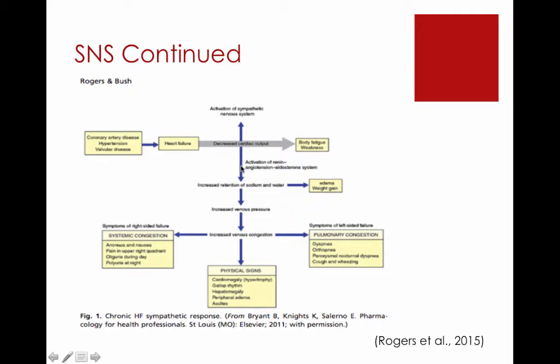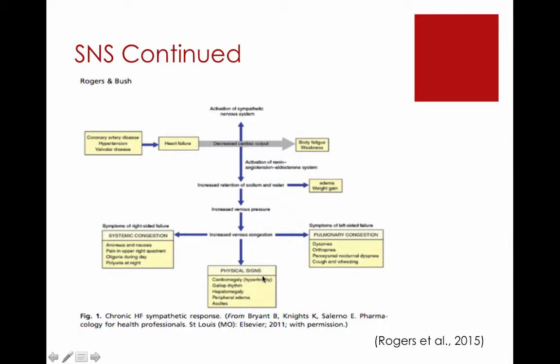The RAAS system is activated, therefore the sodium holds on to more water. Because the sodium has done this, it'll cause pulmonary congestion and systemic congestion. And the RAAS system also constricts the blood vessels as well.